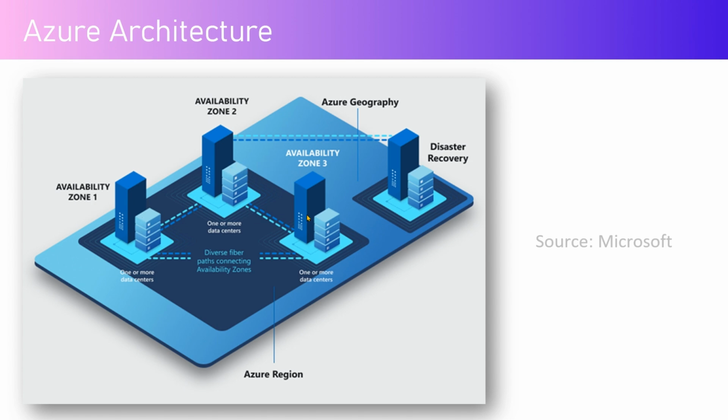As you see here, AZ1, AZ2, AZ3 are all connected with one or more data centers through diverse fiber paths. And then with the Azure geography plane, the data is transferred to a different geography or location. In case of a disaster strike, you will be able to recover the content very easily.